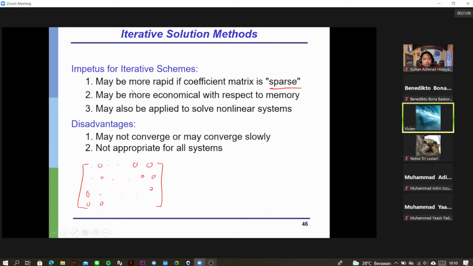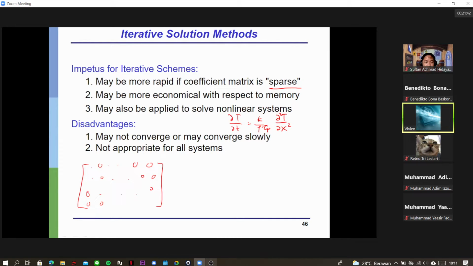And this may also be applied to solve nonlinear systems, such as what you learn in heat transfer, in which, for example, you have an equation like that one, squared.